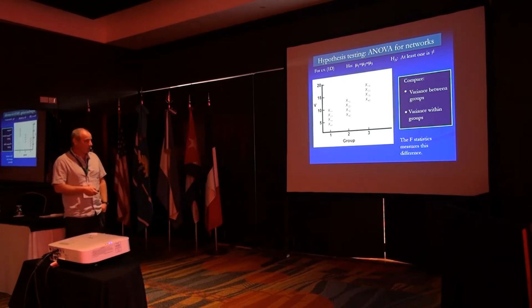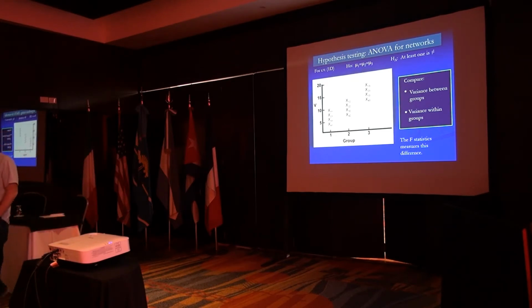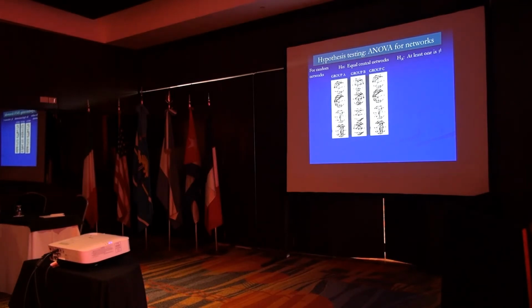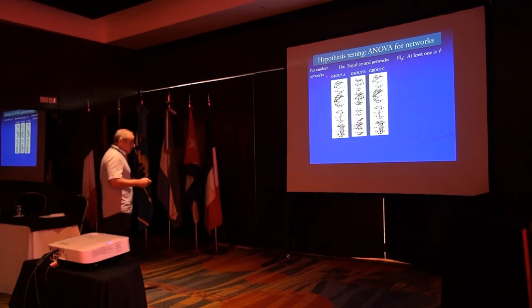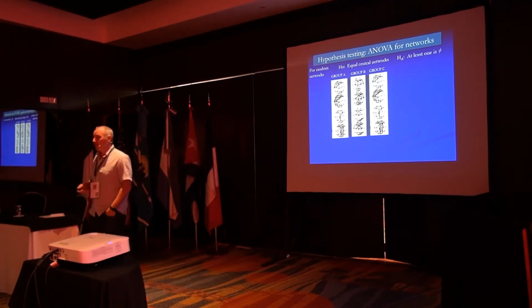There is a very well-known test with a statistic that compares the variance between groups with the variance within groups. So we want to develop something similar, but now our objects are networks. We have 3 groups, for example, of networks, and we want to know if they have equal central networks or they are different.